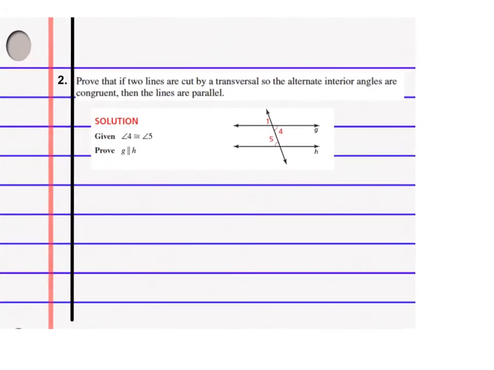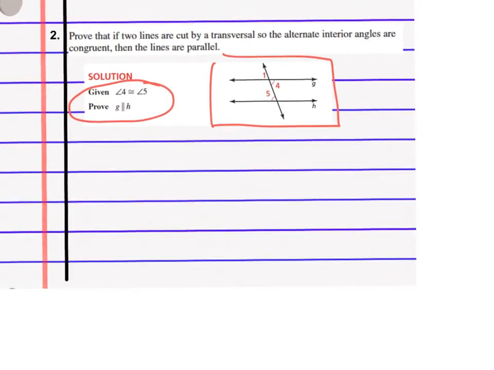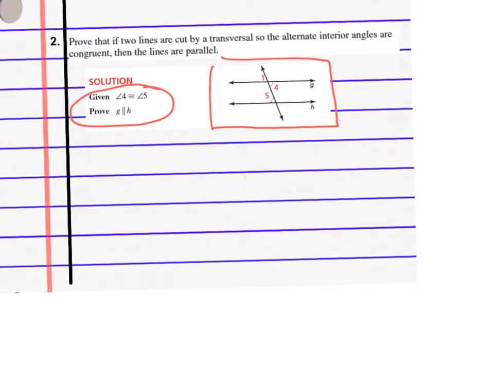All right, example 2. Prove that if two lines are cut by a transversal so that alternate interior angles are congruent, then the lines are parallel. So let's write the given and the prove, and let's draw the diagram. Then I'm going to go ahead and use a 2-column proof. And I'm going to abbreviate, so I'm just going to put statements and reasons as S and R. I always start with what's given.